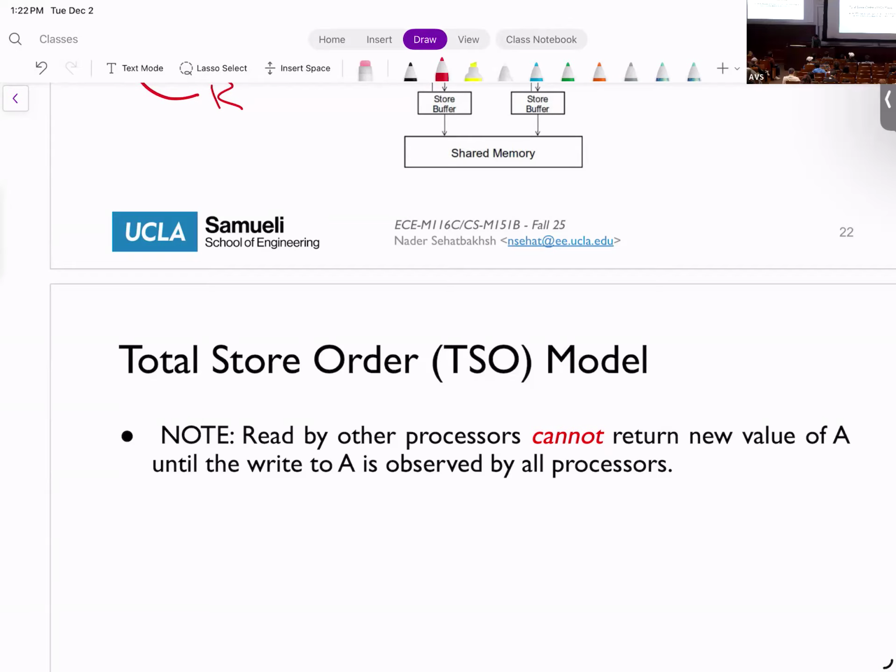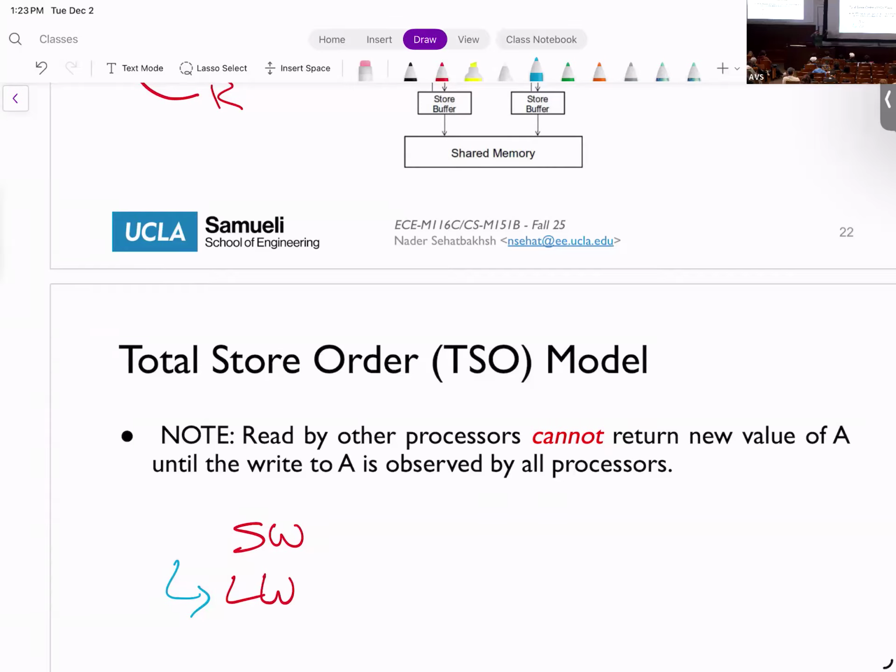Remember that we also talked about this when we were talking about out-of-order processors, right? We said that we have a store and we have a load, and we take this load and say, okay, let's actually issue this load. If it's not dependent on the store, we are good to go.